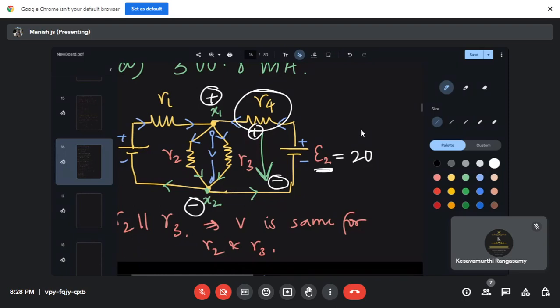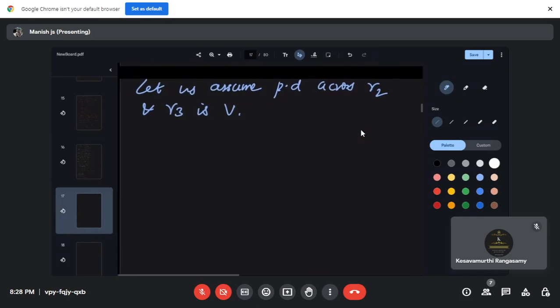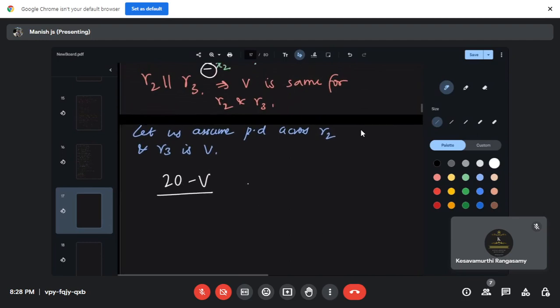Across R4 you have 20 volts, and for X1 the voltage is nothing but V, and we don't know that corresponding value, and current is passing from 20 towards X1. Higher potential is 20, the lower potential is X1, so it is passing from 20 volts to X1, and the amount of current we know it is, say, I2. So when you write the equation for purely potential, we can say 20 minus V divided by the resistance, because V by R is nothing but current, right?